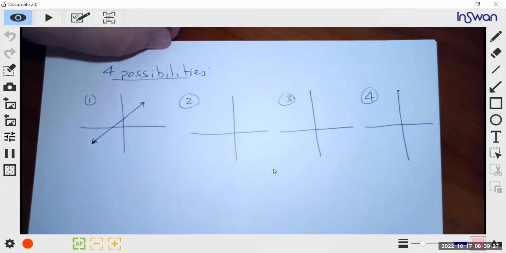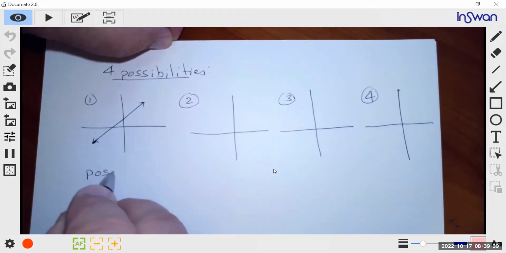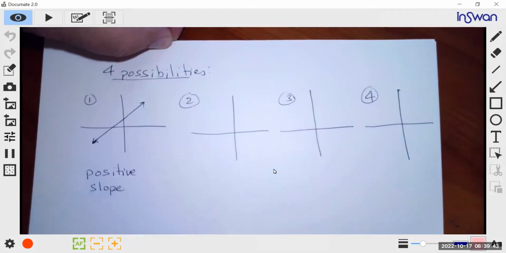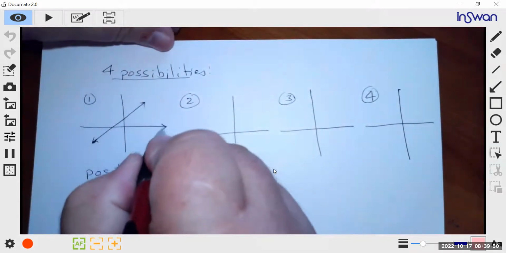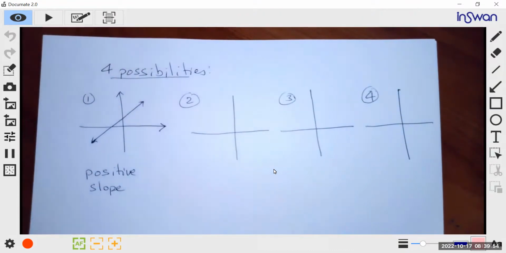What kind of line is that? If you saw a line like that, what kind of slope does it have? As x gets bigger, so do the y values. That's how you can tell if it's a positive slope.